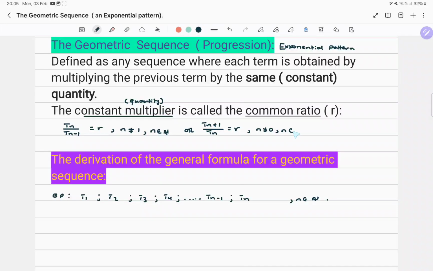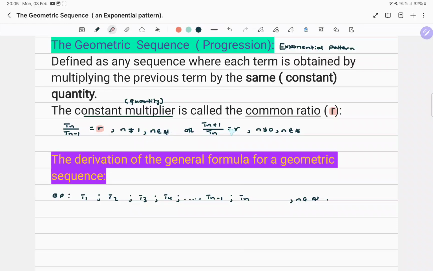And of course n must be an element of natural numbers. So this is what we understand, guys, that when we have a geometric sequence, the ratio of 2 consecutive terms gives us a constant ratio every time, and that constant ratio, we call it the common ratio, and it's denoted by the small letter r.